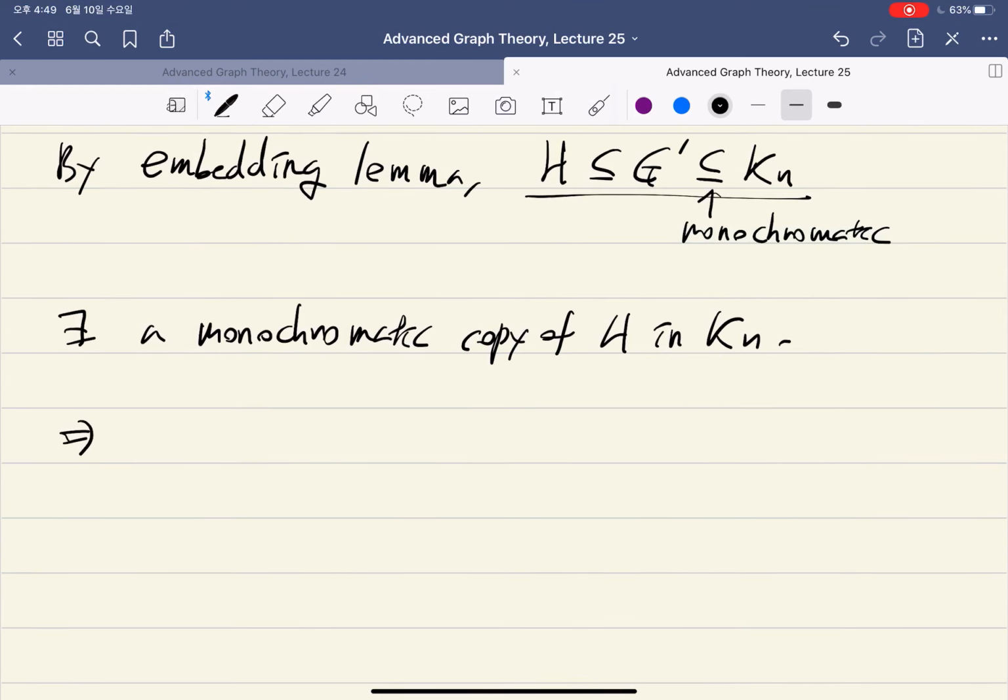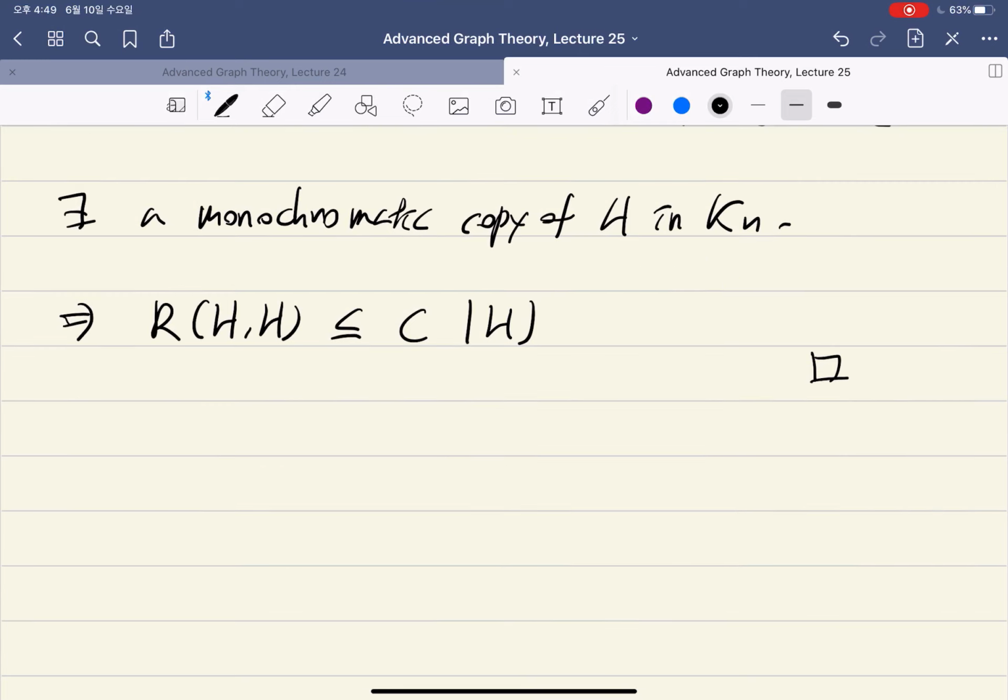So hence, by the definition of Ramsey number, we have that the Ramsey number of H is at most C times the number of vertices of H, where C depends only on delta, the maximum degree. So this proves the theorem.